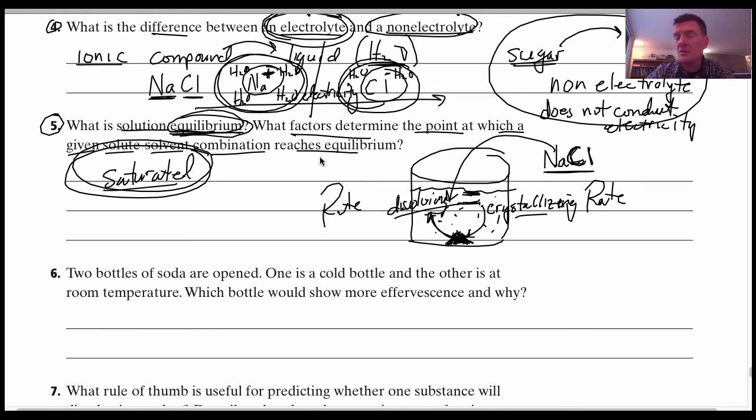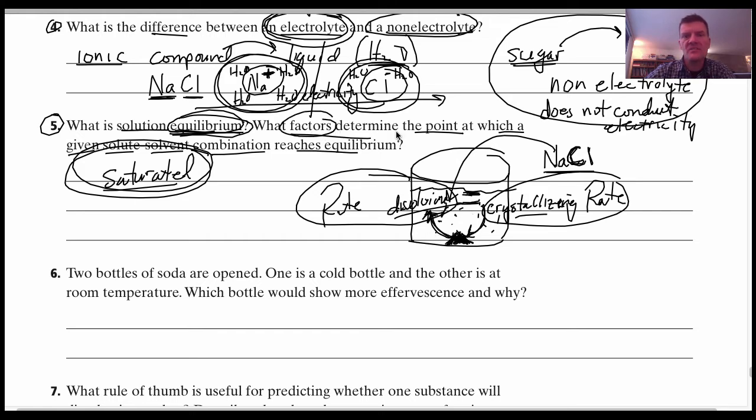What is equal? Not the amount that is dissolved and the amount that is crystallized. It is the rate at which the dissolving is happening and the rate at which the crystallizing is happening. Every time something dissolves, something is going to recrystallize. The rate is going to be the same.